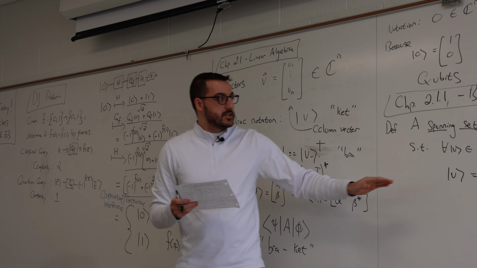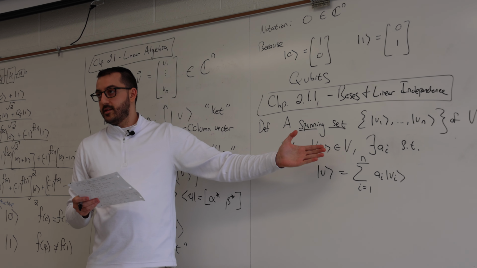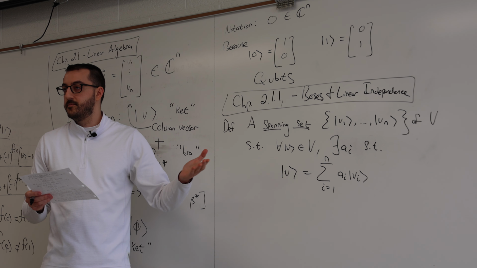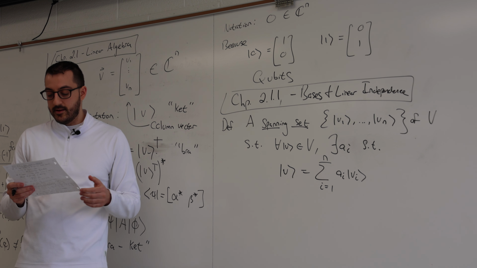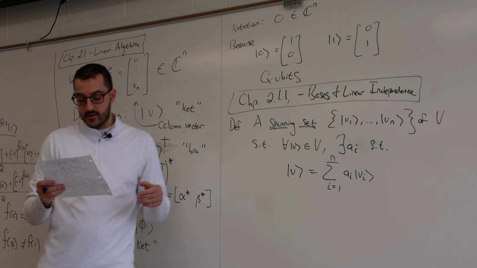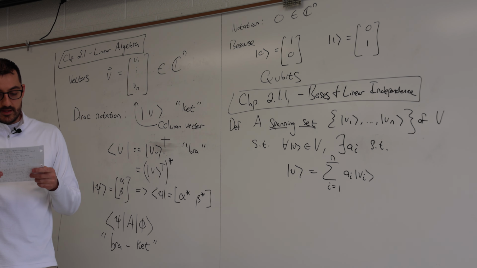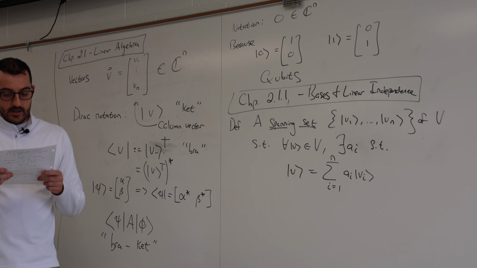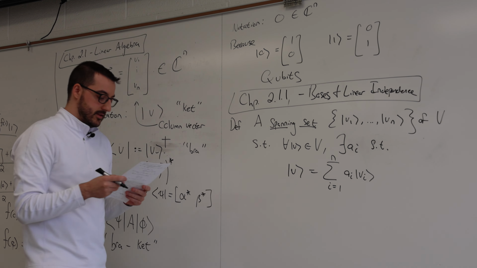Now, this pretty much encapsulates the notion of a basis that we want. We just need to care about one technicality, which is that some of these could be redundant. Unfortunately, this takes a little more formality, but that's the intuition.